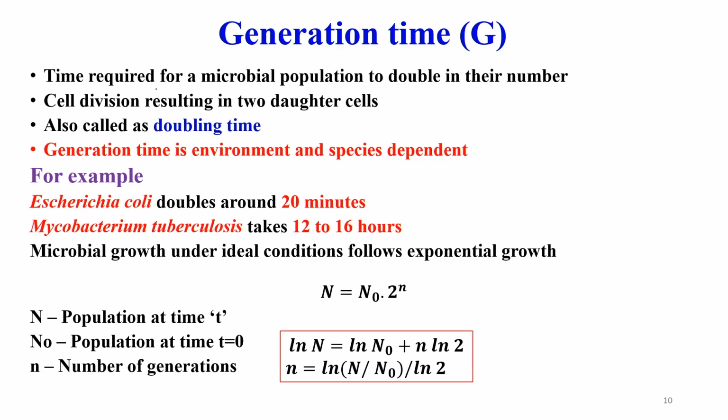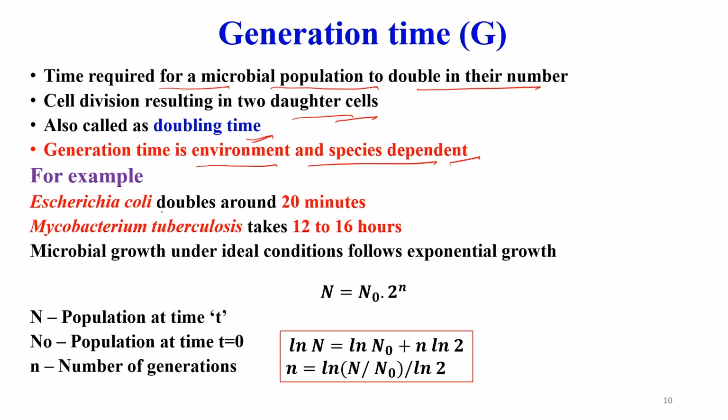We have already discussed the doubling time. Generation time is the time required for a microbial population to double in number, and we are assuming cell division resulting in 2 daughter cells. If this is so, we also call generation time as doubling time. As I told, this generation time is dependent on the various environmental factors, as well as on the species.